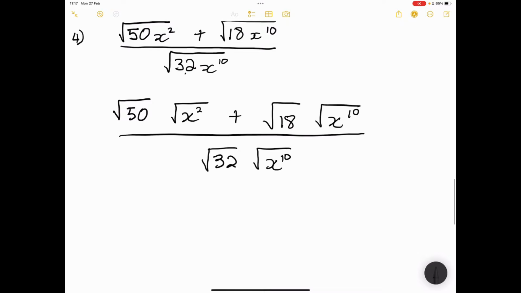Now, let's try and deal with it. So, square root of 50, I'm sure you've got it by now. You've got 25 times 2. That's a perfect square and a prime number, right?